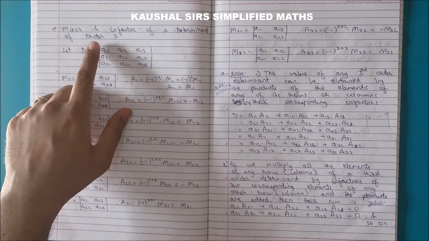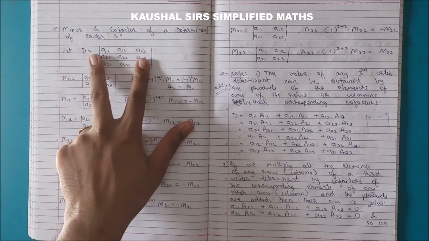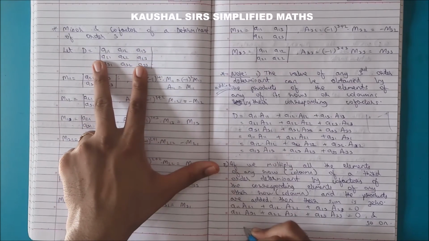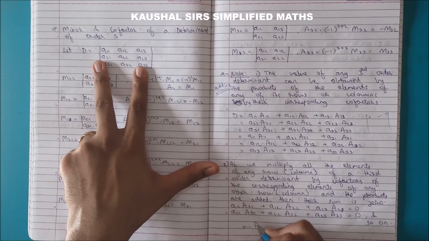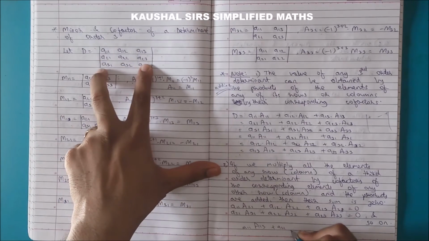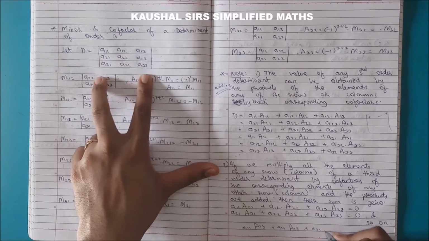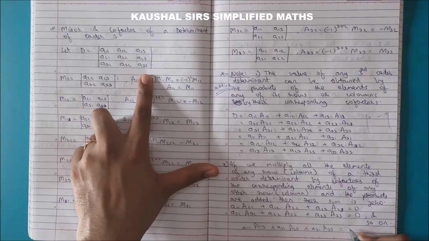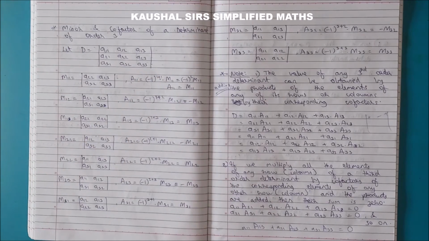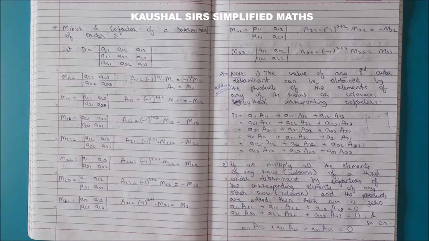Likewise, if I am taking the elements of the first column and the corresponding cofactors of the third column and adding their products, that is A11 into capital A13 plus A21 into capital A23 plus A31 into A33, again your sum would be 0. Means whenever you consider rows, if you are multiplying the elements with the cofactors of the other row and adding the products, you are going to get the answer as 0.